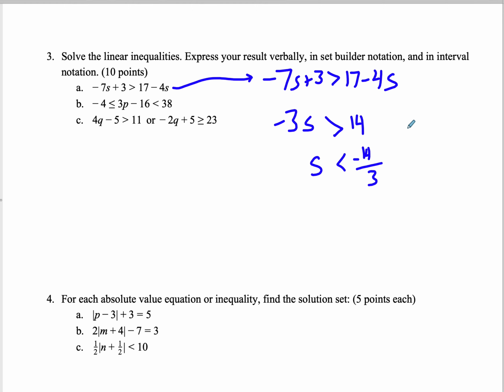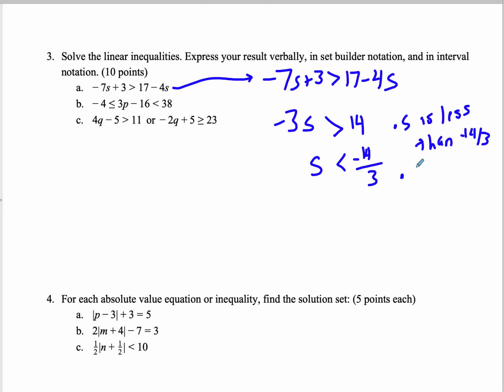So the 3 ways, the verbal notation, s is less than negative 14 thirds. That's what verbal notation means. If you were to say this out loud, what are the words you would say? You'd say s is less than negative 14 thirds. That's all you're doing.